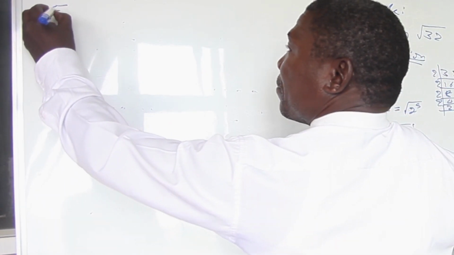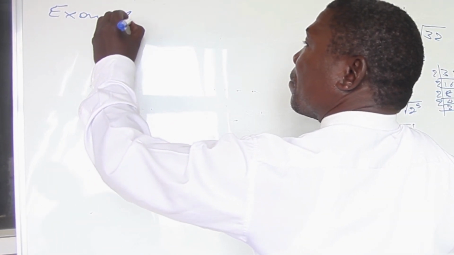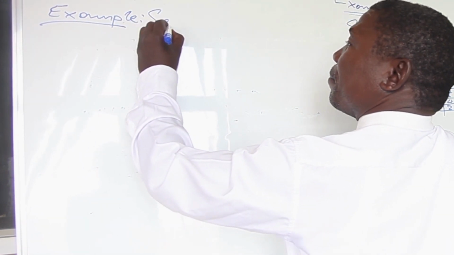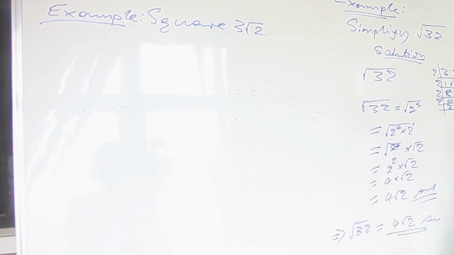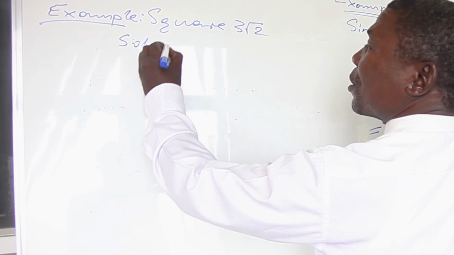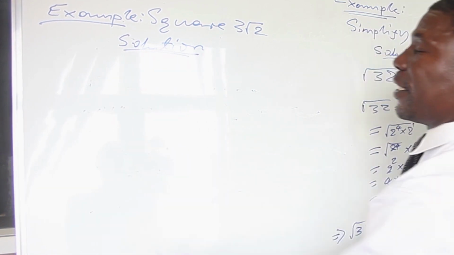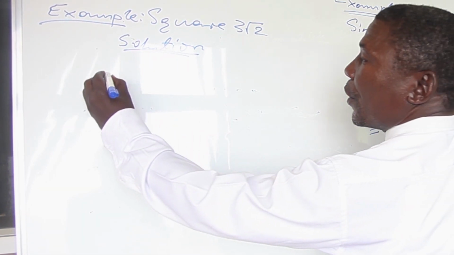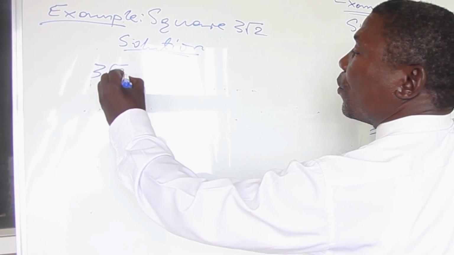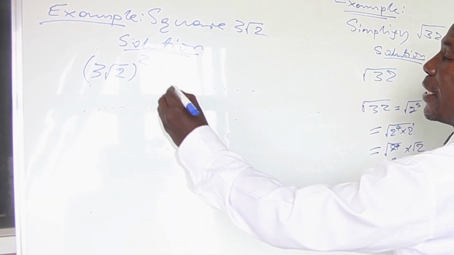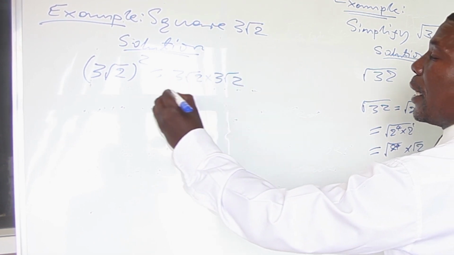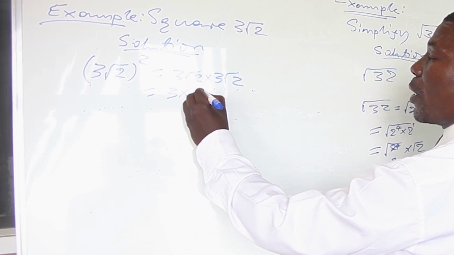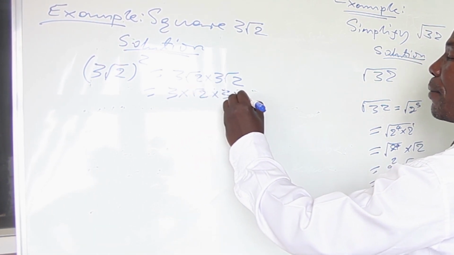They can say, square 3 root 2. The solution to that should be 3 root 2, that one squared. This is 3 root 2 times 3 root 2, which is 3 times the square root of 2 times 3 times the square root of 2.